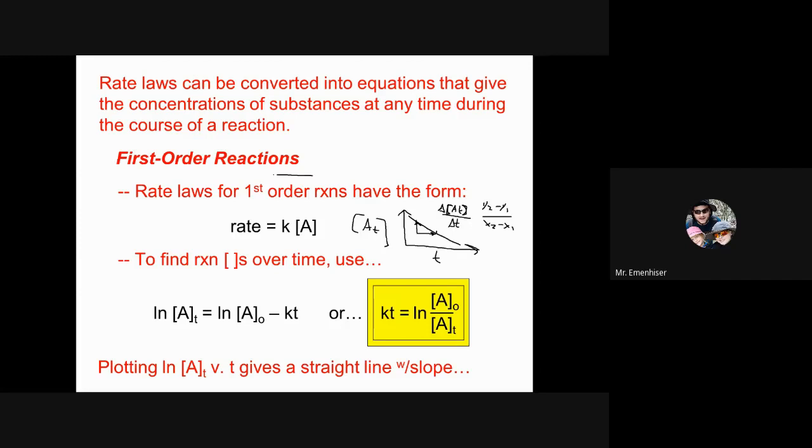This is for a first order reaction. So a first order reaction will have a linear negative slope line. So it'll be a straight line. It'll have a negative slope. And the slope of that will give us k. The slope will be equal to k, the rate constant.